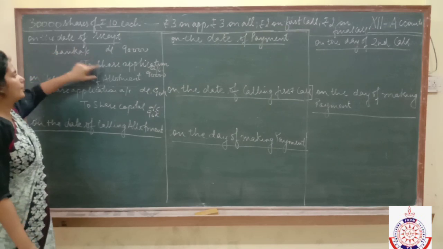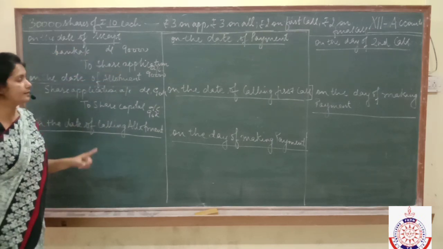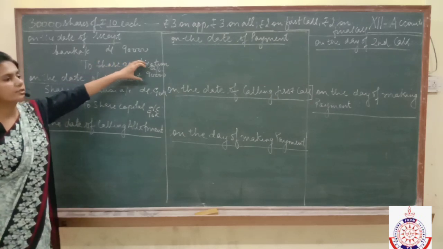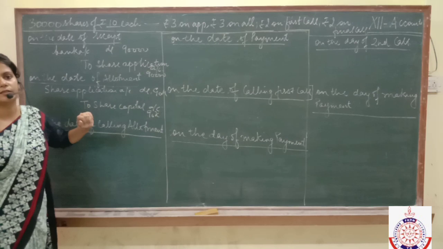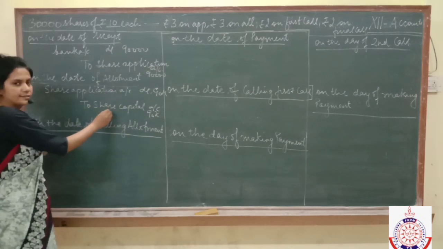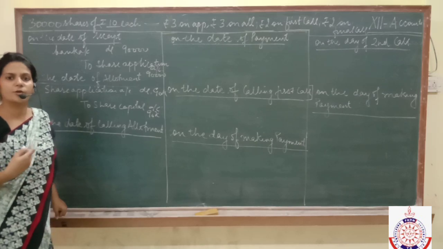Firstly, the public will apply for the shares, and if we are ready to give the shares to them, then in that case we need to transfer their application money to the share capital account of the company. This entry signifies that we have made those applicants our shareholders.